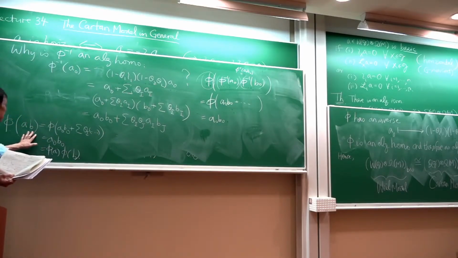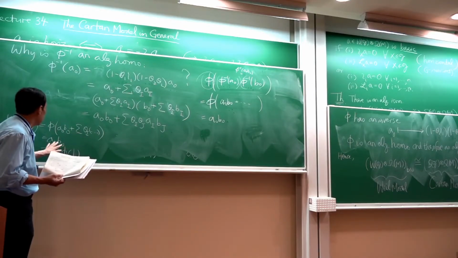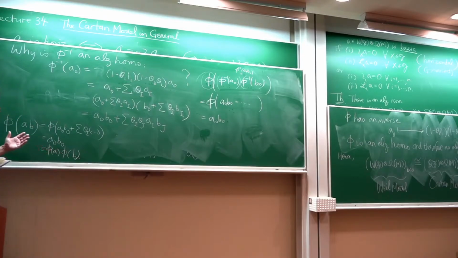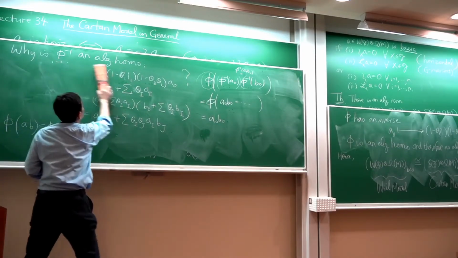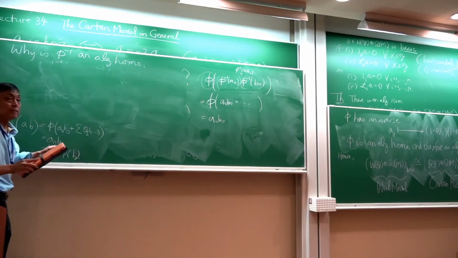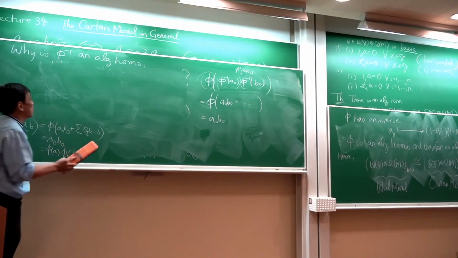So phi of AB is phi of, you multiply out, you take the constant term, and that's just phi of A, phi of B. So that shows that phi is an algebra homomorphism. I actually don't need to do this, because if phi is an algebra homomorphism and it's a bijection, then the inverse is also an algebra homomorphism.